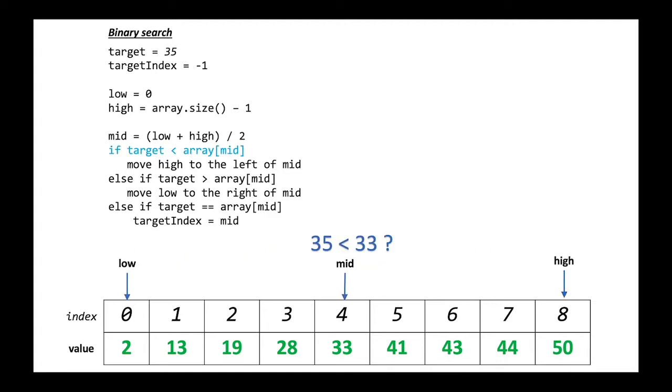Well, to illustrate this, I'm going to look for a different target. I'm going to look for a number that isn't in the array, 35. Let's see what happens when we go looking for a number that isn't there.